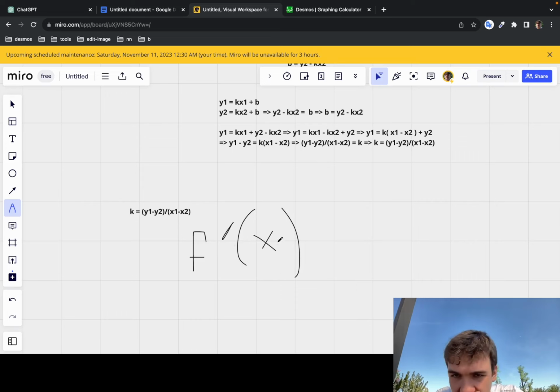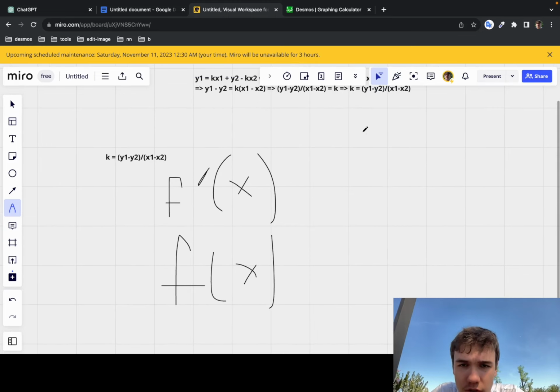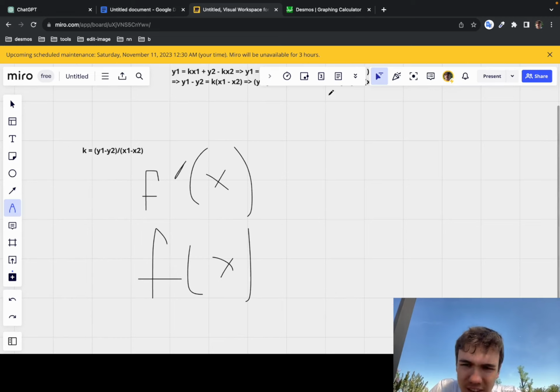This is how we say that this is the derivative of our function. Our function is basically f of x, and this dash represents the derivative. Of course there are different representations of the derivative, like d over dx. That is another representation, but we're not going to dive into the types of notation. This is just the simple one.